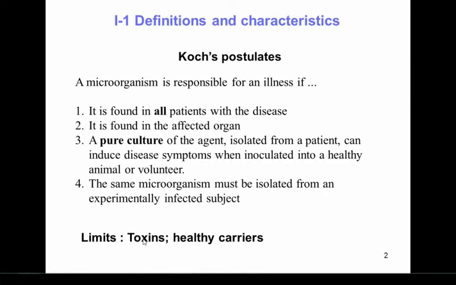So in that case, you won't be able to prove point number 2 here. Sometimes you have healthy carriers. This was not known at the time of Robert Koch's work, but subsequently for many diseases you can have people walking around, they're infected with a bacterium or with a virus, they can shed it, be infectious to other people, but they themselves are healthy.